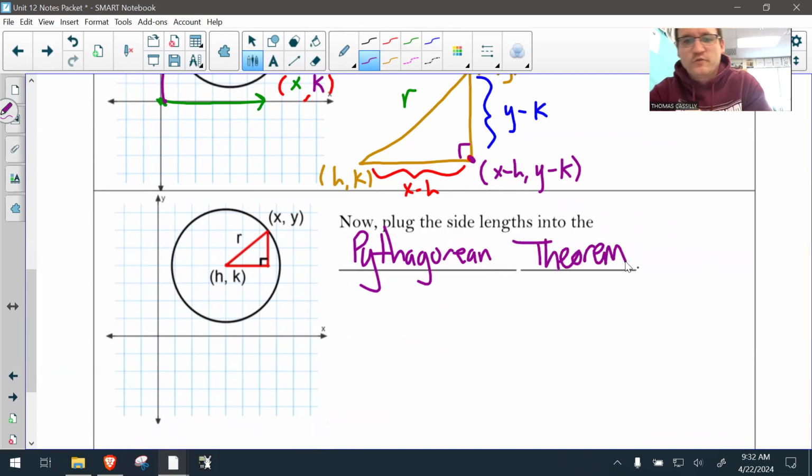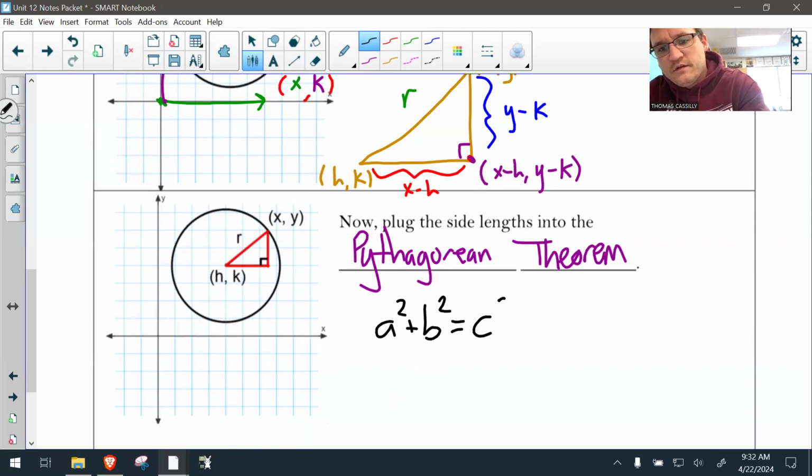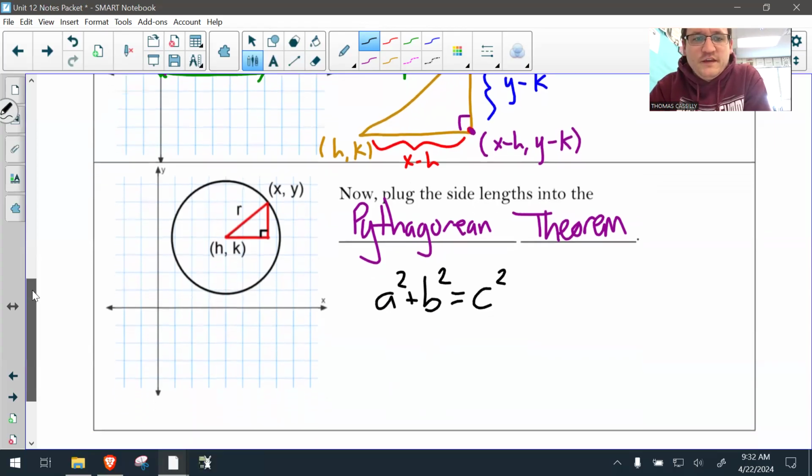We've used this thing about 100,000 times in this class, so hopefully you remember it. It's a squared plus b squared equals c squared. That is your Pythagorean theorem, and the c value is always the hypotenuse. So if we plug in everything from up top, a is a leg and b is a leg.